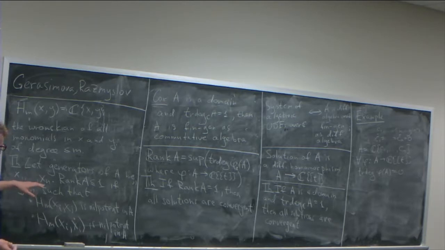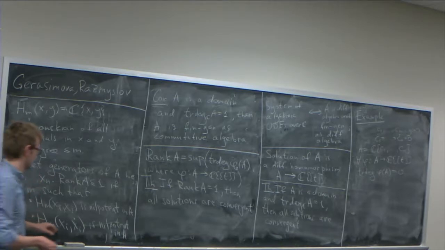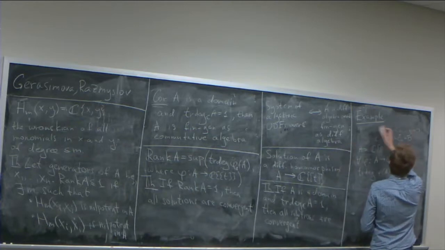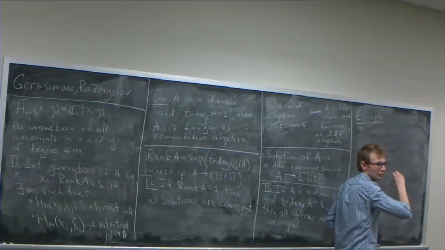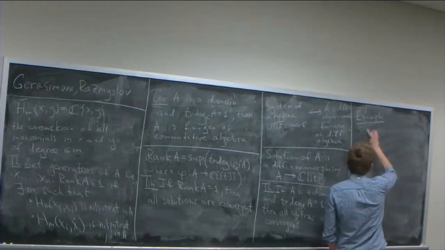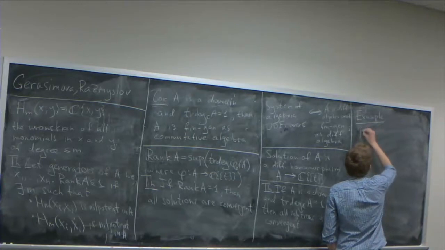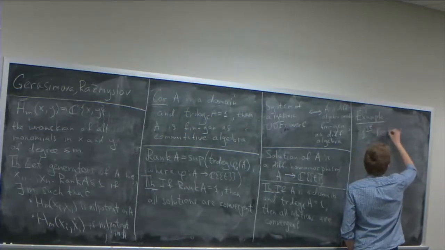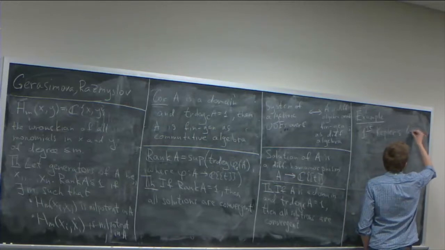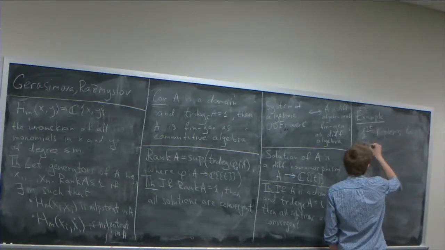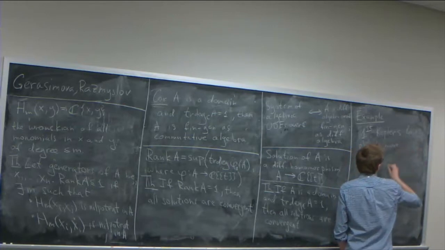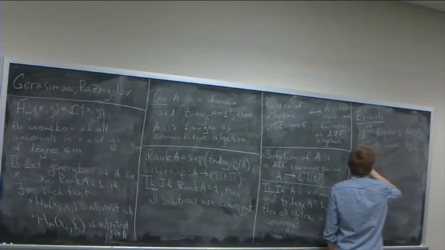One famous example is Kepler's first law. Kepler's first law says that all planets move along quadratic curves.